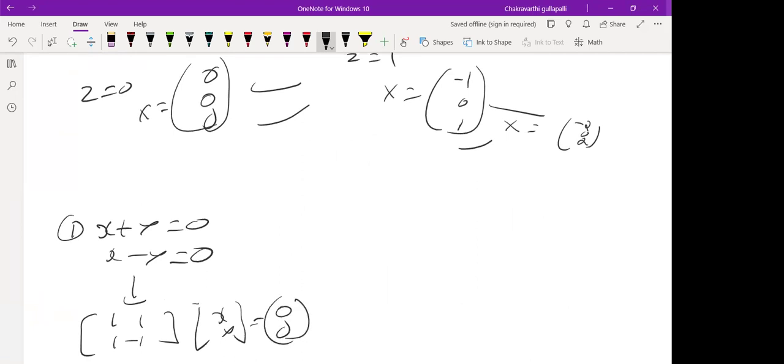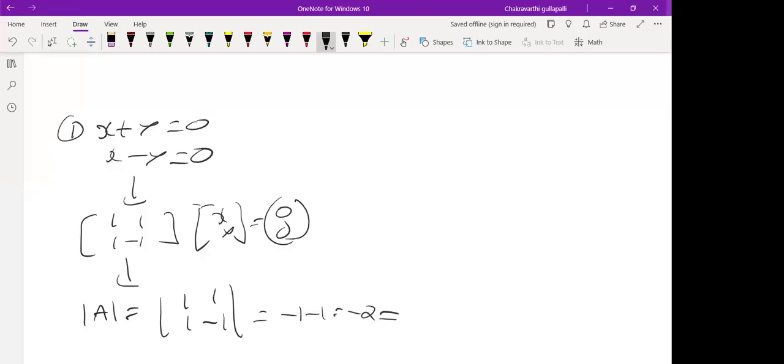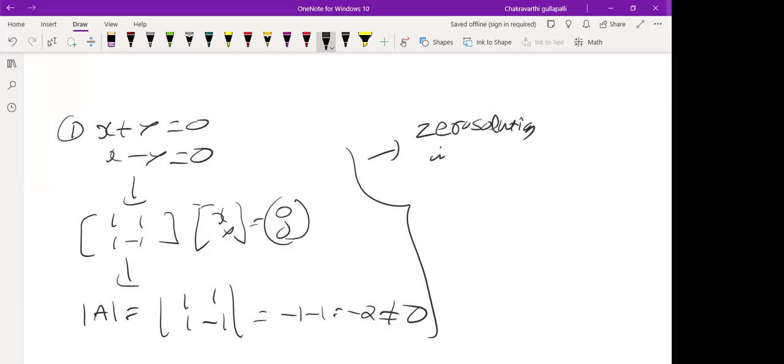Without solving, we want to know. This is your A. Then what is the determinant of A? It is (1, 1; 1, minus 1). If the determinant is not 0, how many solutions? Only one solution, the 0 solution is the only solution.